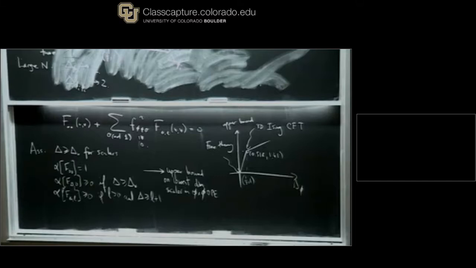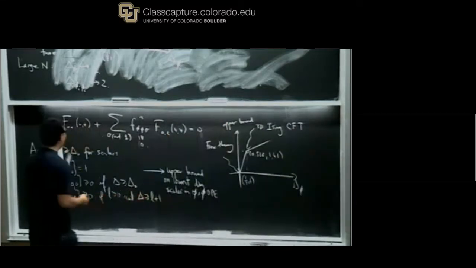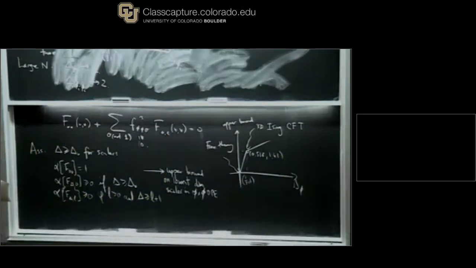N equal 2 would be relevant for XY magnets where the spins can be oriented anywhere in a plane, and the N equal 3 case would be relevant for Heisenberg magnets where the spins can be oriented anywhere in 3 dimensions. For higher values of N, I'm not really sure. But it's interesting to study these theories especially because at large N they're solvable.